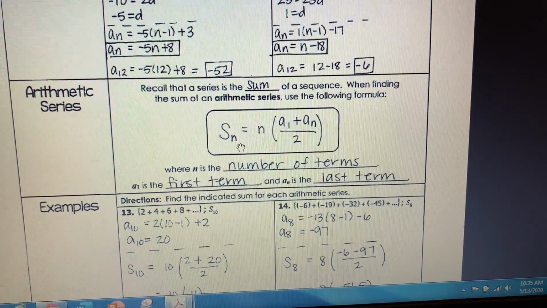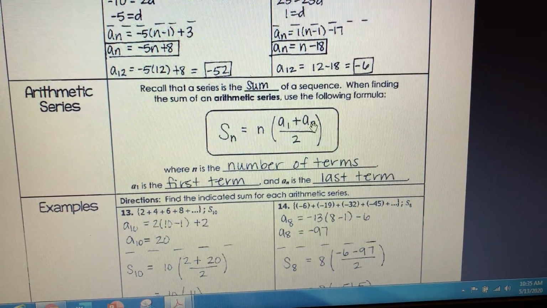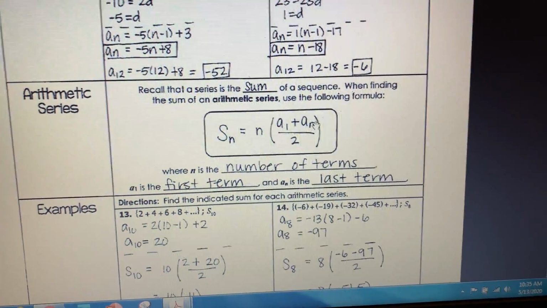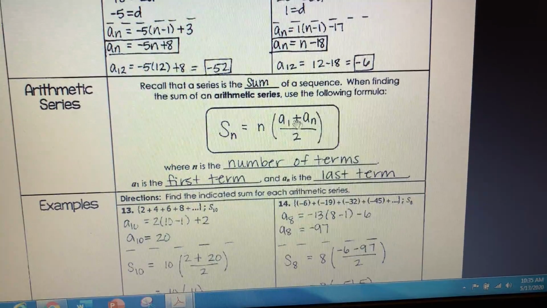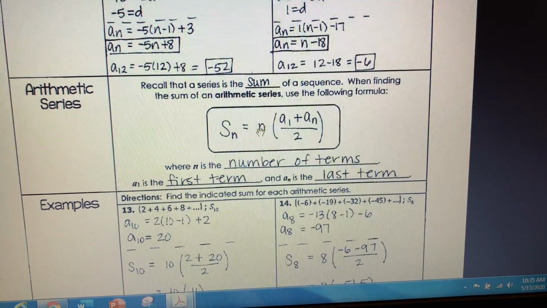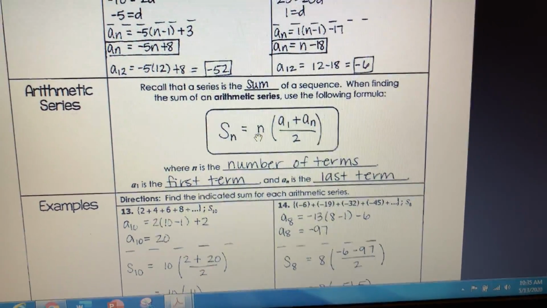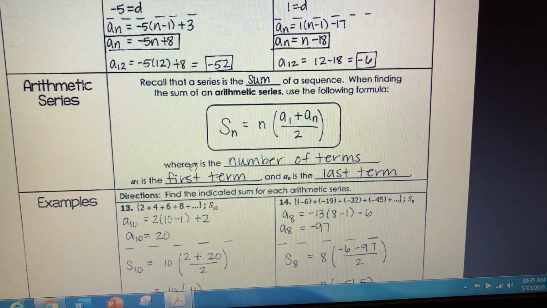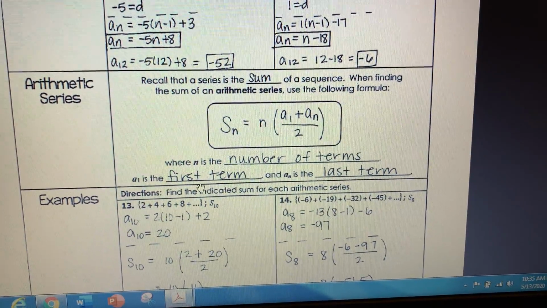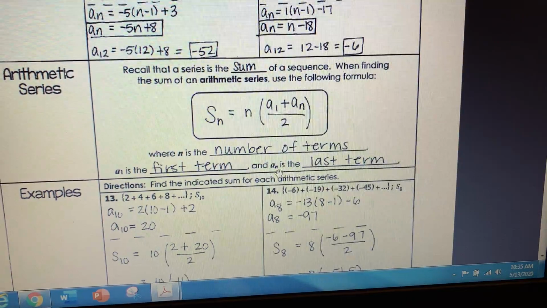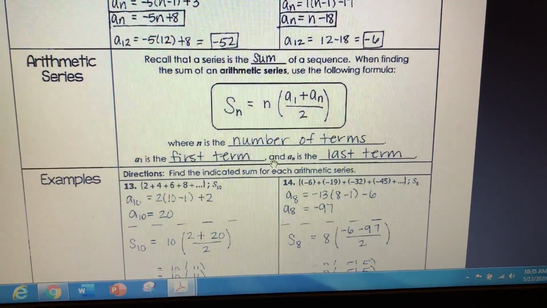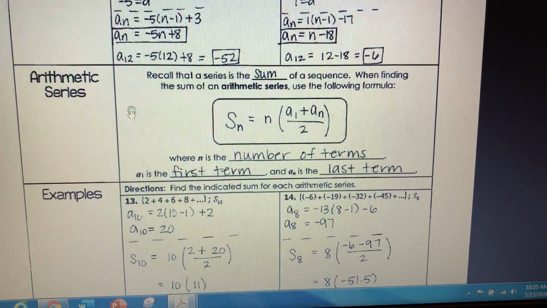If we say that we're looking for the sum of the first 10, you would add the first term and the 10th term, divide by 2, and multiply by 10, the number of terms in the sequence. And so n is the number of terms, A sub 1 is still the first term, and A sub n is the last term. And so this is for a series.